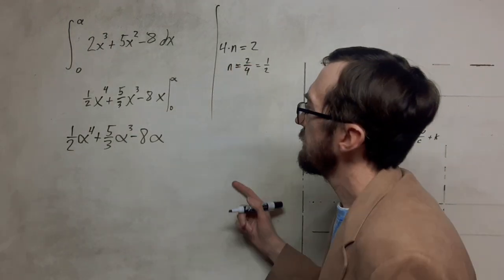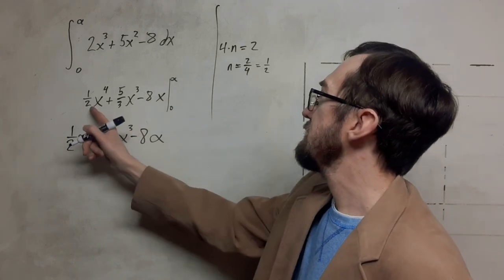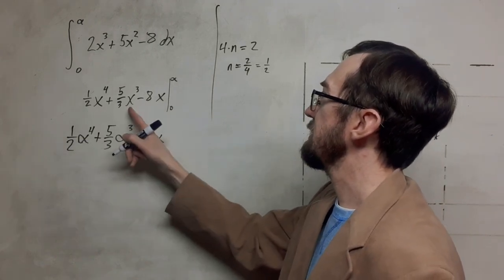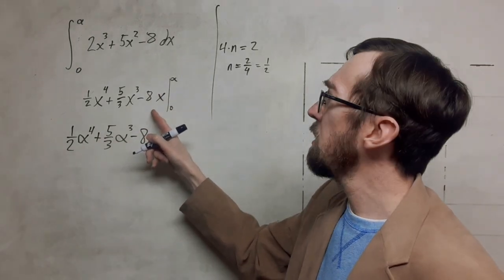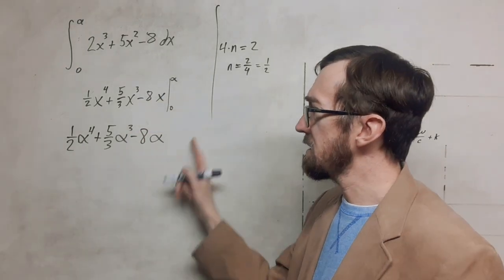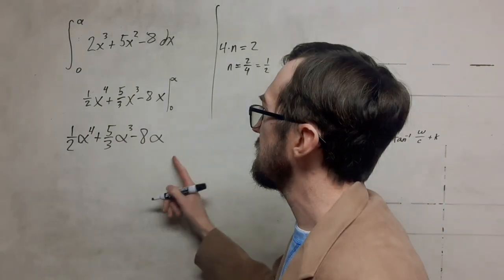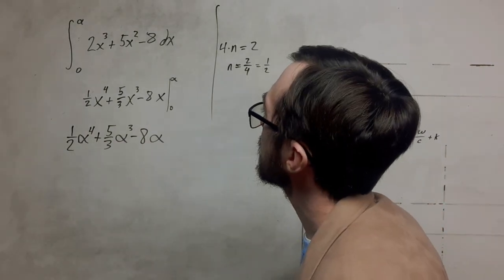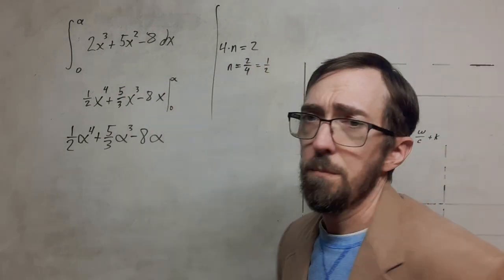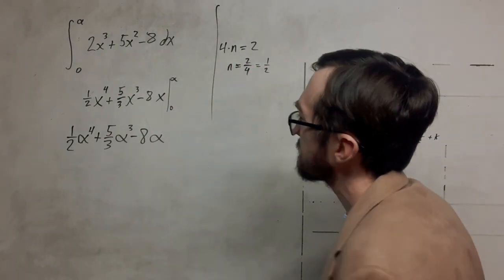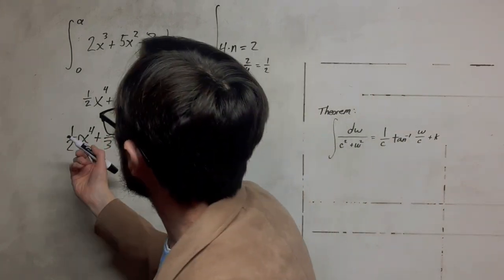All right, I'm not writing down the second half of this, but if you plug in 0 here, this goes to 0. If you plug in 0 here, this goes to 0. And if you plug in 0 here, it goes to 0. So we're subtracting 0 from this. So this is what we end up with. Right. This was a definite integral, so I did not put a plus c here. All right, so this is our result.